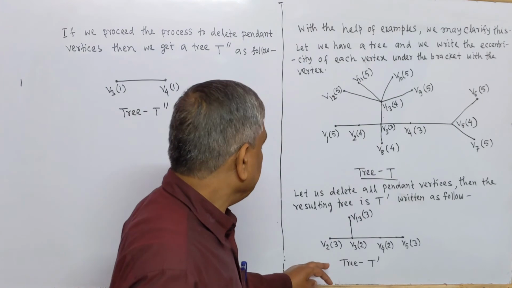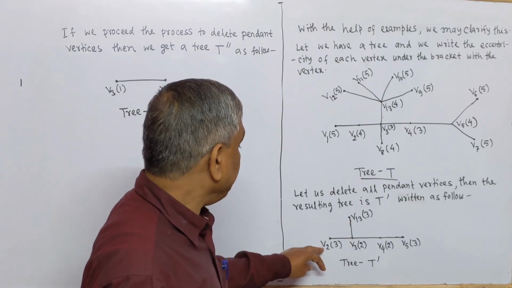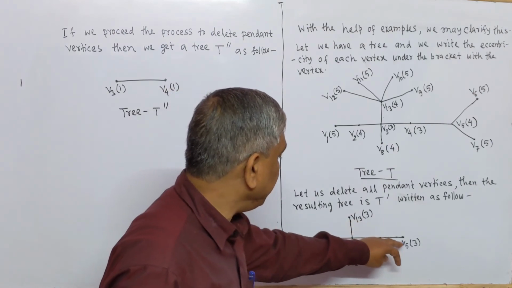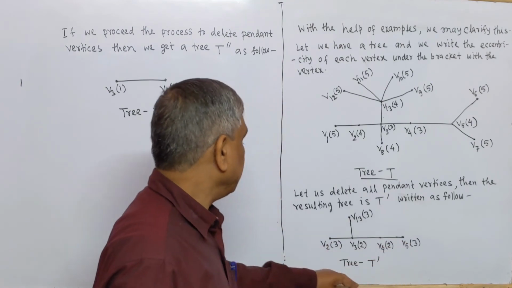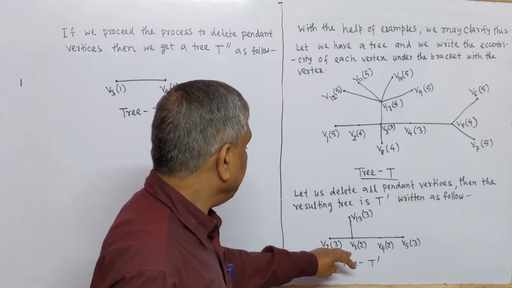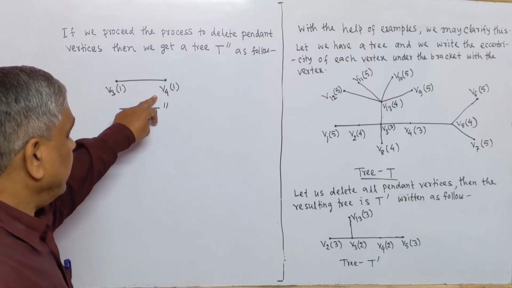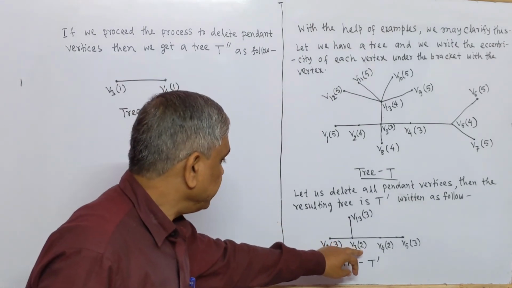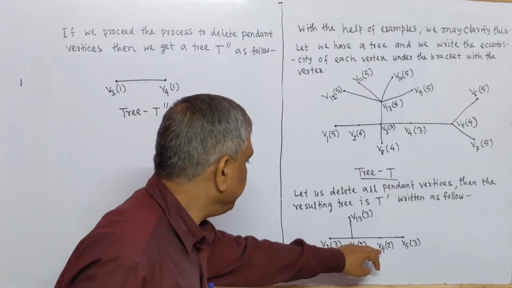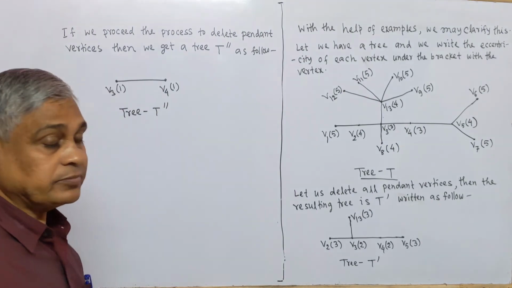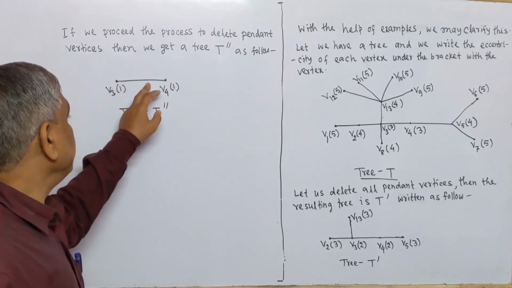Again, we delete the pendant vertices. Here pendant vertices are V2, V13 and V5. If we delete these pendant vertices, the remaining vertices are V3 and V4. Here eccentricity of V3 is 2, here 1. Here eccentricity of V4 is 2, here 1. So only remains 2 vertices with 1 edge.